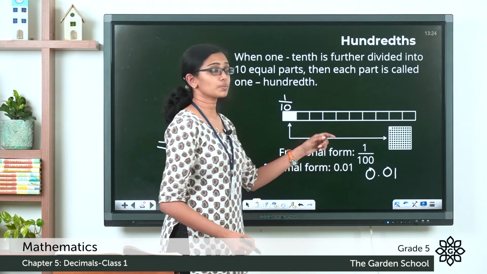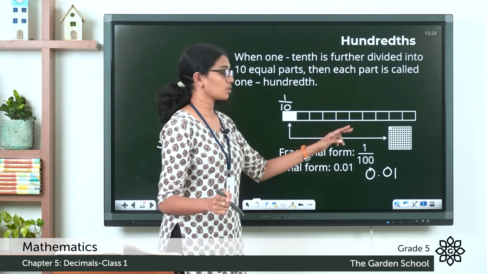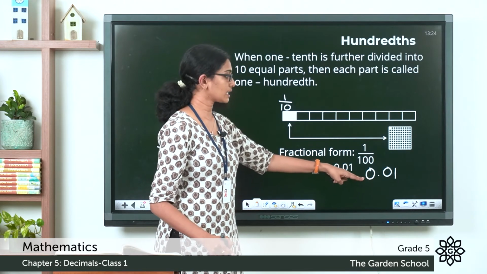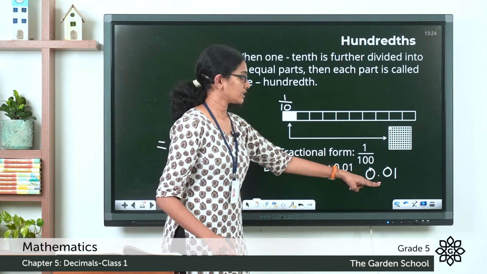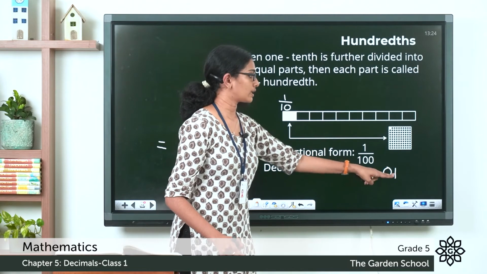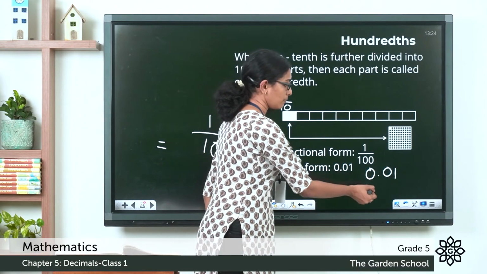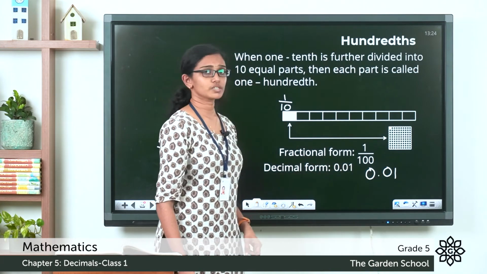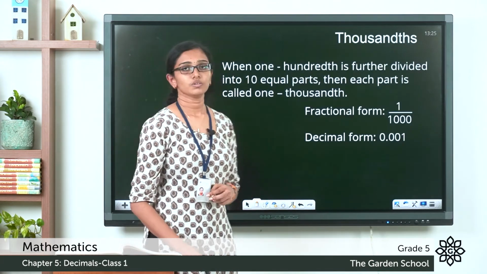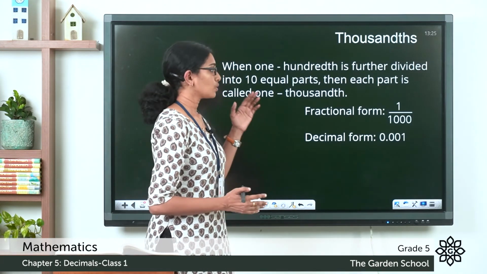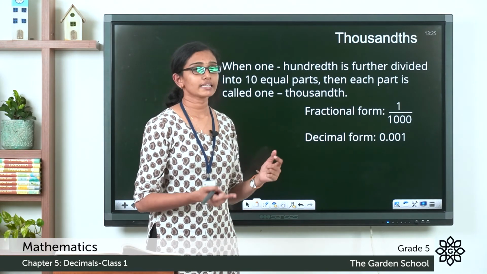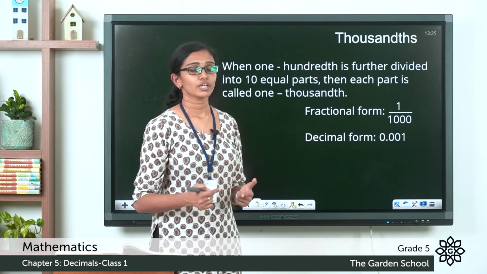Since we don't have a whole, we are only considering part of it, so the whole number part remains 0 and it is read as 0.01. This means we have 0 whole and we have a decimal part which is equal to 1/100ths.